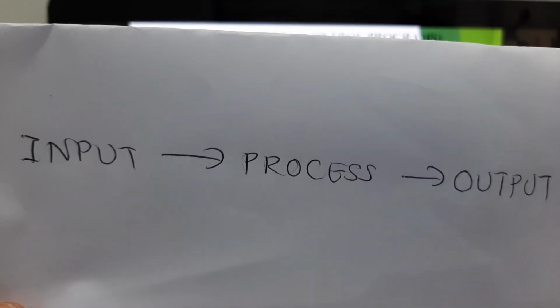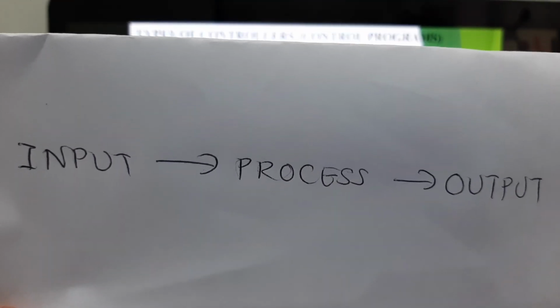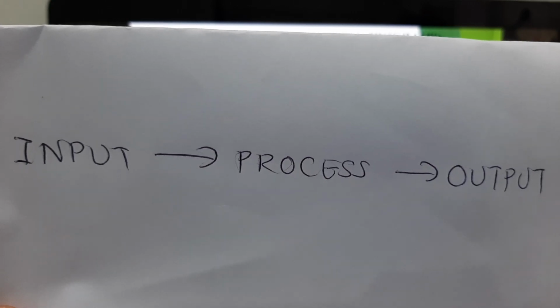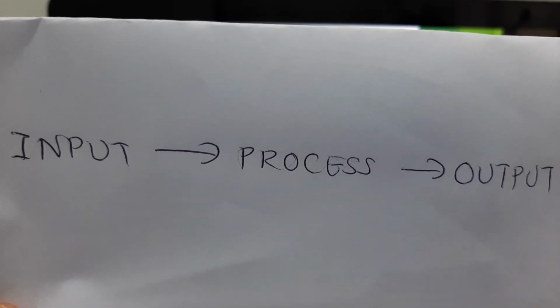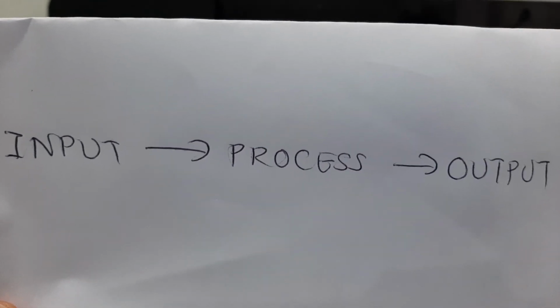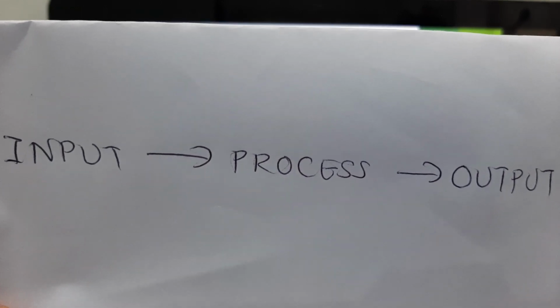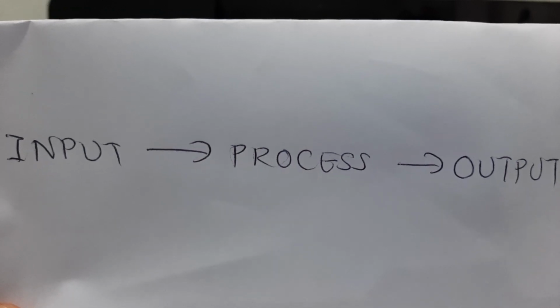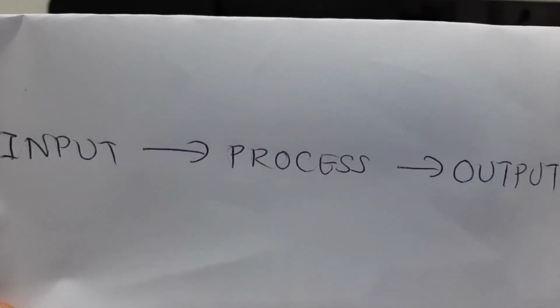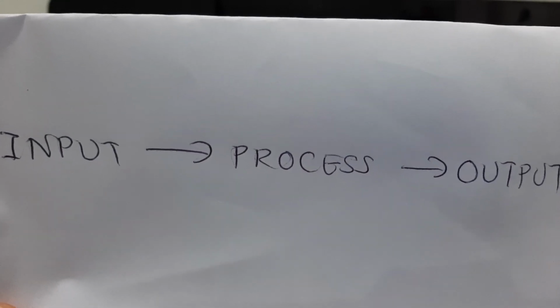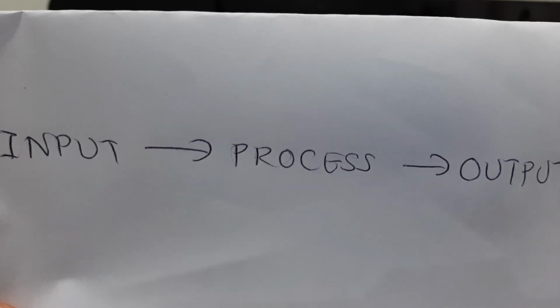So if you input garbage, it's going to process the garbage, and it'll give you an output of garbage. It will not rectify the problem. So at the end of the day, you need to redo the whole program again because it does not have a feedback mechanism, meaning that it is an open loop control. Open loop control does not give us feedback.